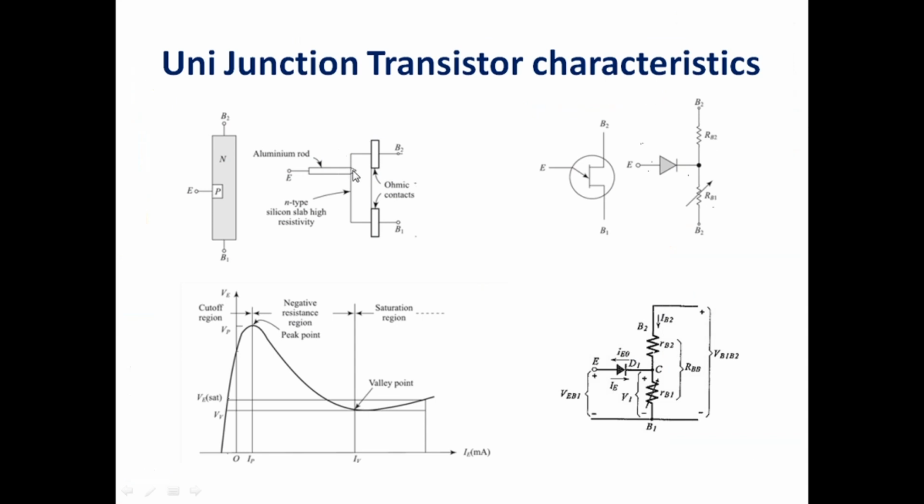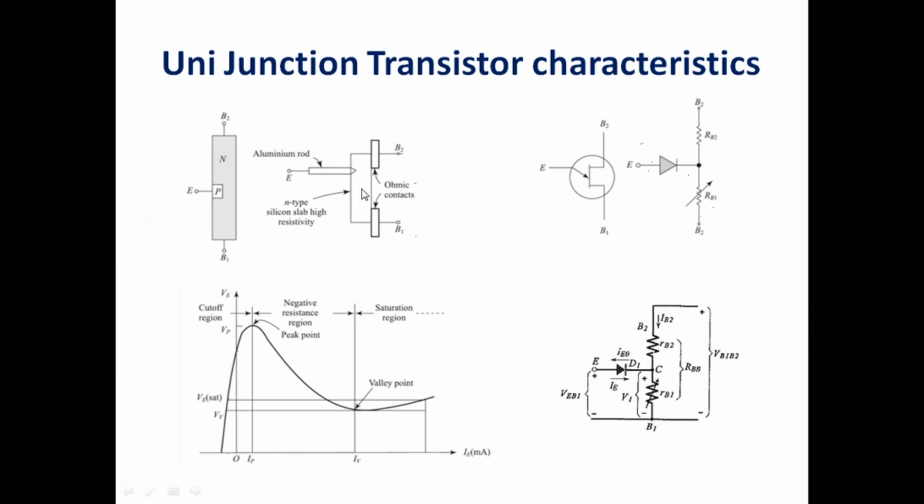Wherever this rod is joined to this slab, that junction we have shown using this diode. The barrier potential of this diode is in and around 0.5 volts. This is the equivalent diagram of the UJT.